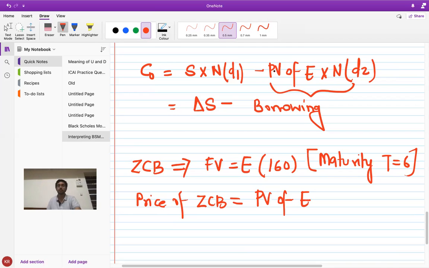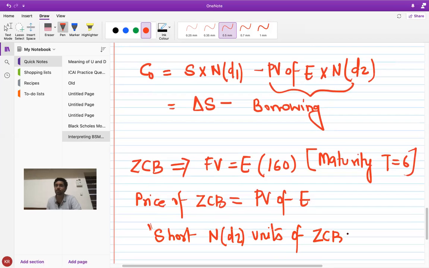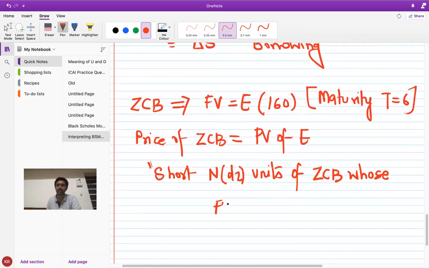So basically this latter term says you short sell N(d2) units of a zero coupon bond whose face value is equal to the exercise price and term is equal to 6 months.